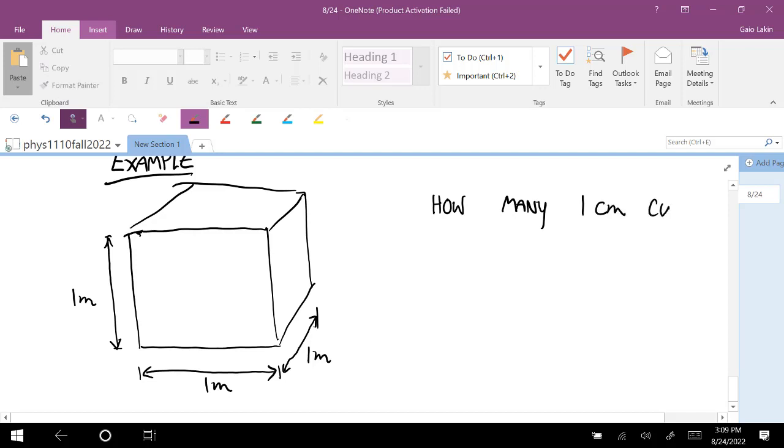How many 1 centimeter cubes could fit inside this 1 meter cube? And we're going to use the fact that 100 centimeters is a meter.